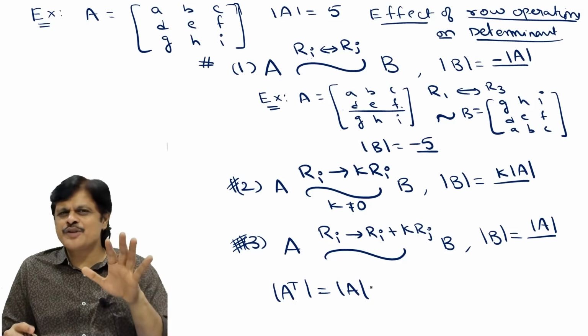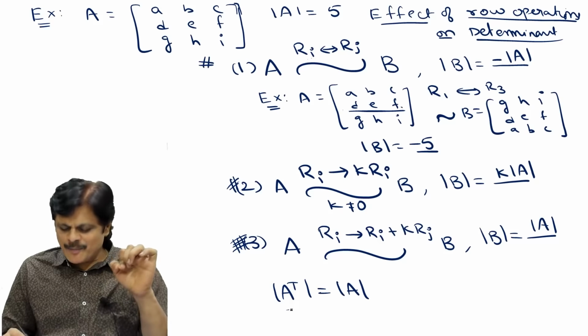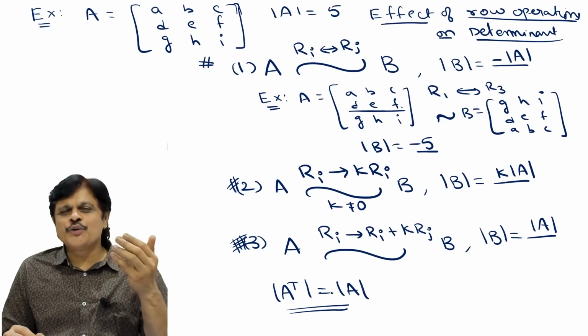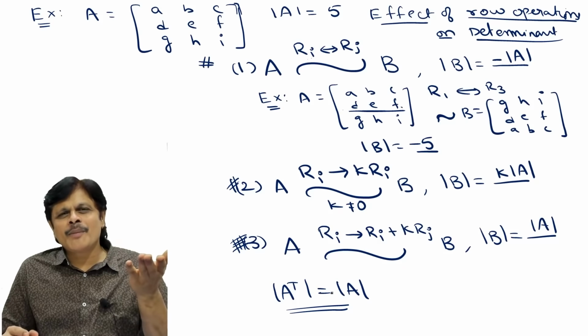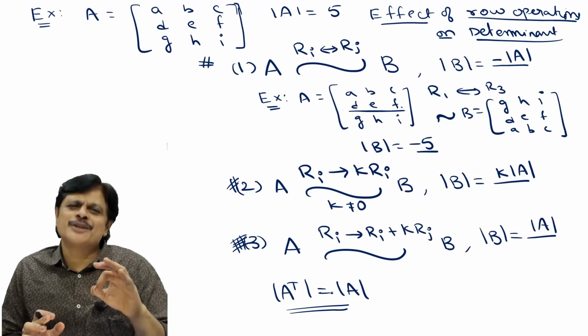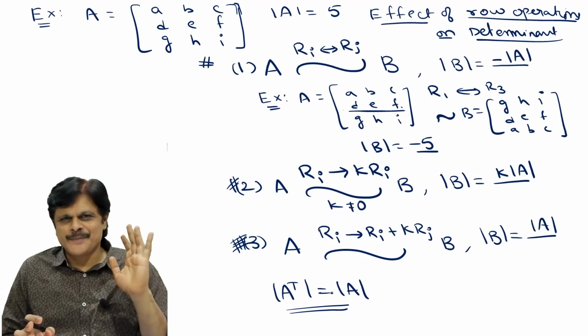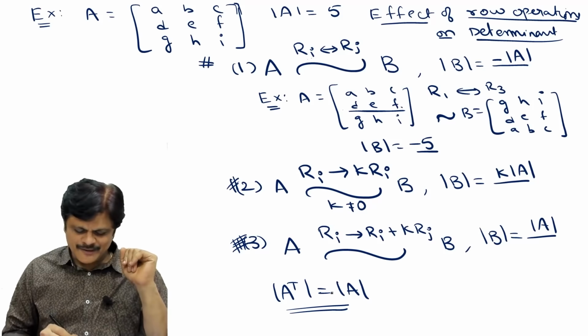If you don't have confusion, you can use them, but you can completely avoid column operations using this idea. Suppose you need to do a column operation: transpose the matrix, and that column operation becomes a row operation. You can work only with row operations throughout. Am I clear? Hope the idea is clear. Wonderful.